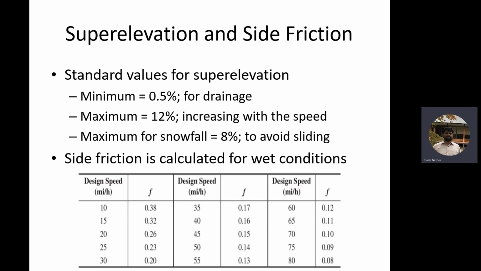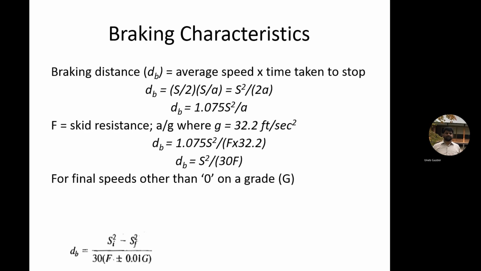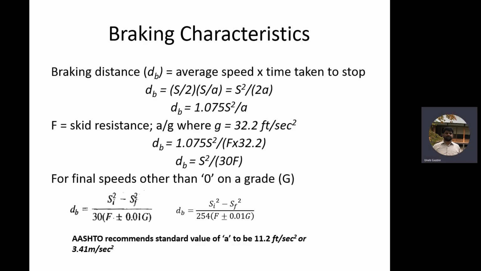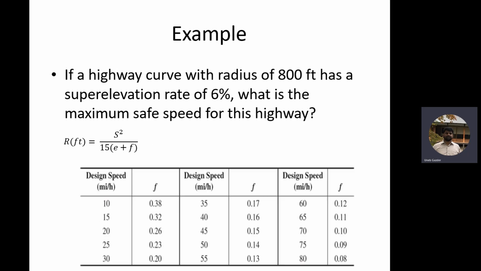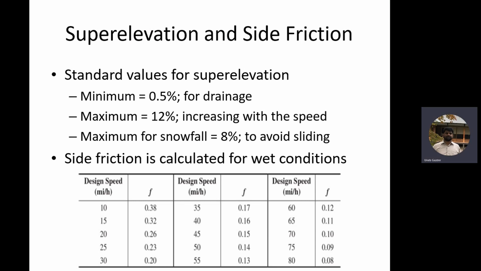The superelevation is basically pushing the car towards the curve. So it's supporting the car to go along the curve. There is a figure in the other chapter, we'll see it. But superelevation is basically you raise the outside edge of the road.